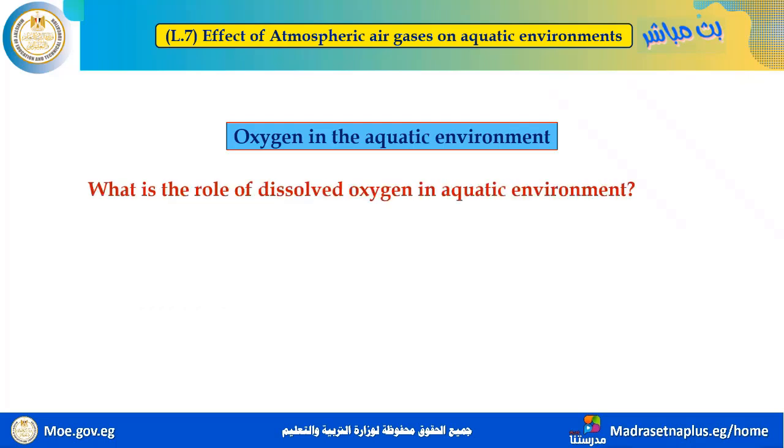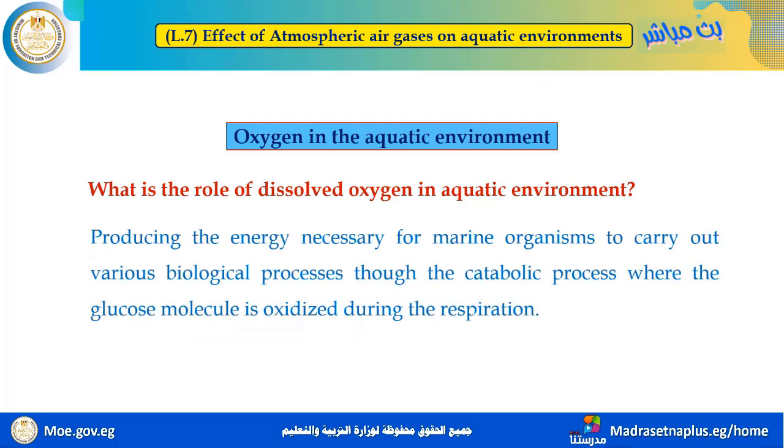And now let's go for a very important question. What is the role of dissolved oxygen in aquatic environment? Producing the energy necessary for marine organisms to carry out various biological processes through the catabolic process, where glucose molecule is oxidized during the respiration.